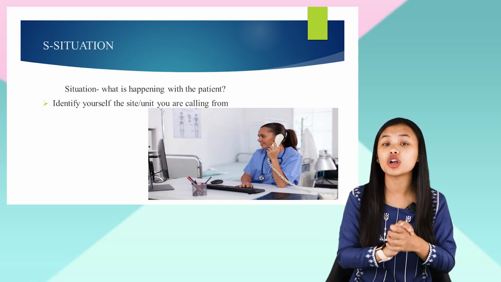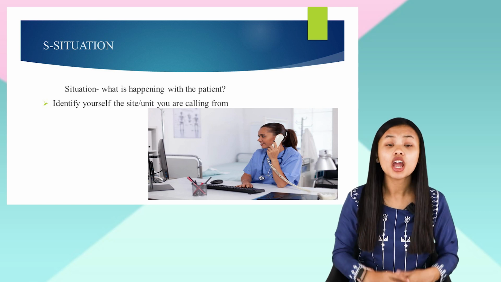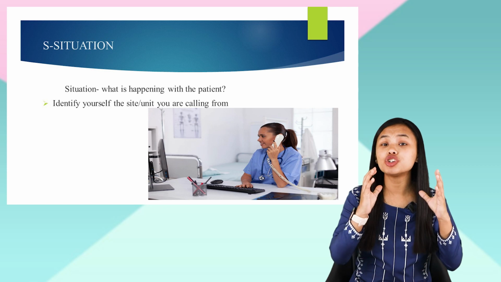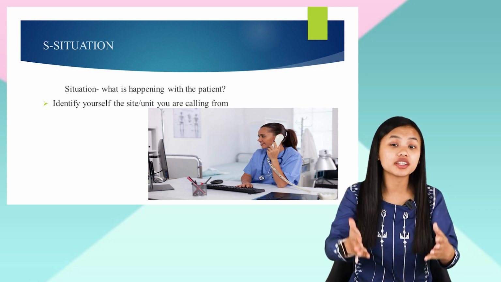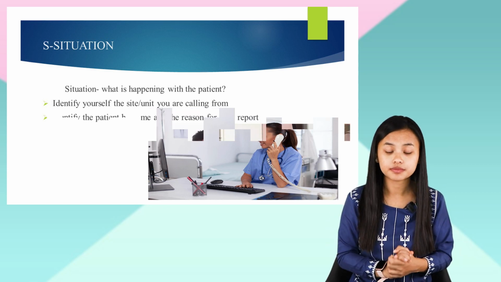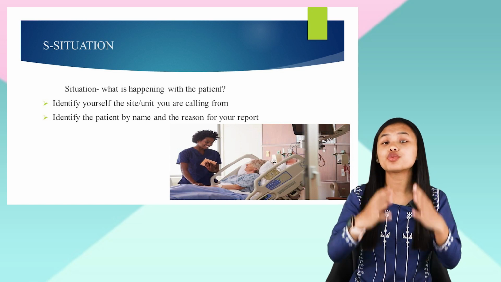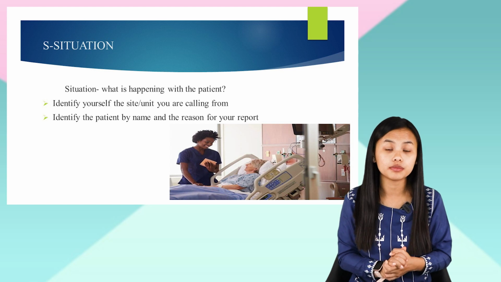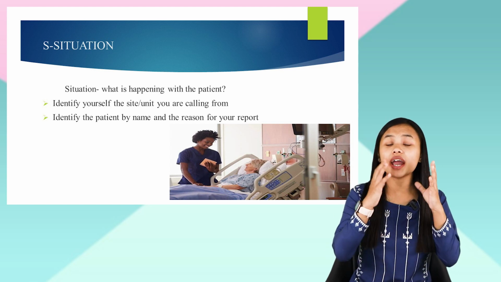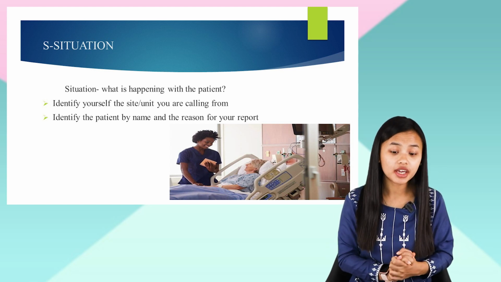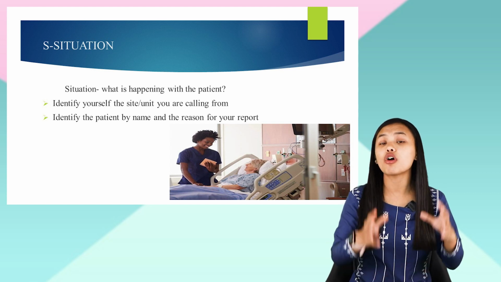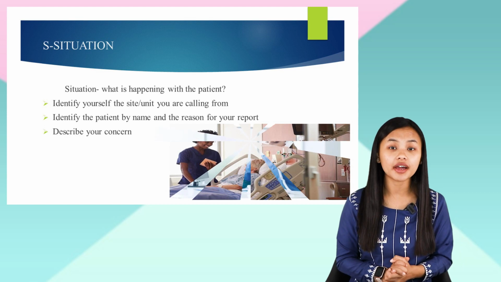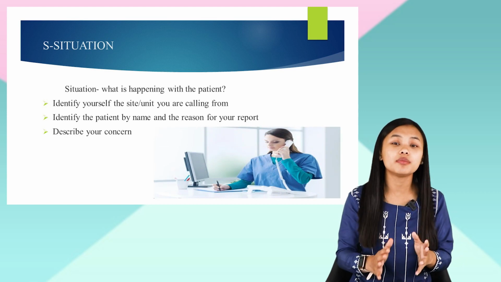The first thing you as a nurse will be doing is introducing yourself and telling from which unit you are calling. And the next thing is you will be identifying the patient by their name as well as the reason why you are reporting about them. And the third one is that you will be describing your concern.